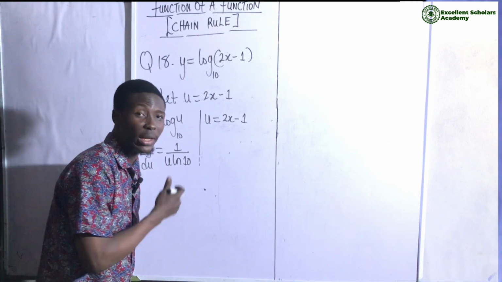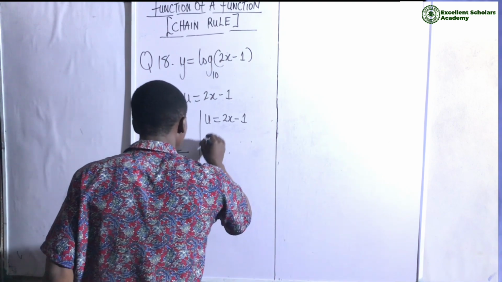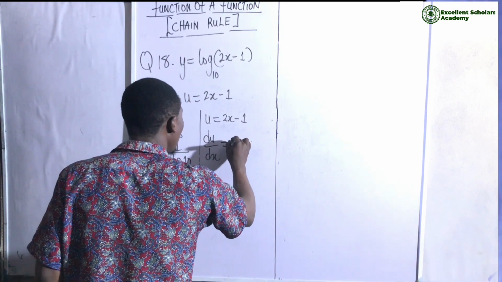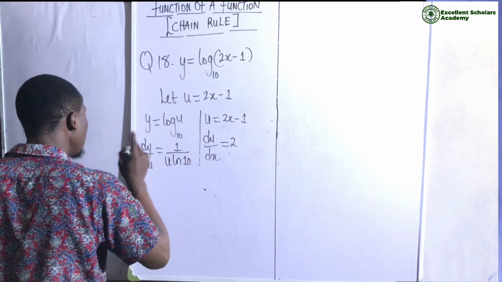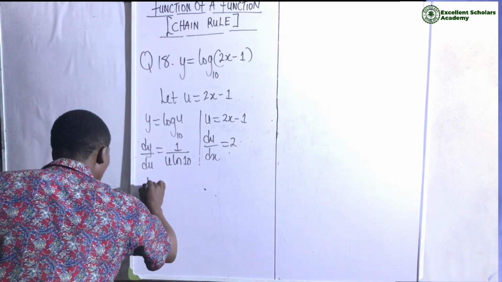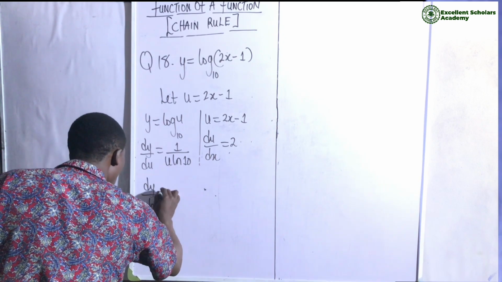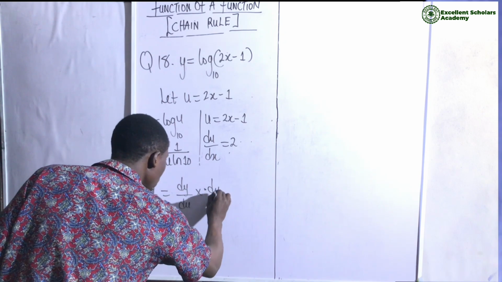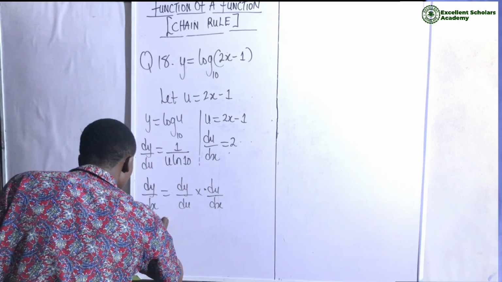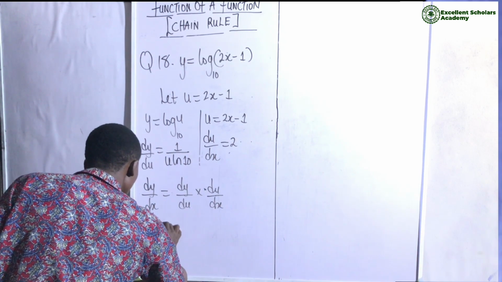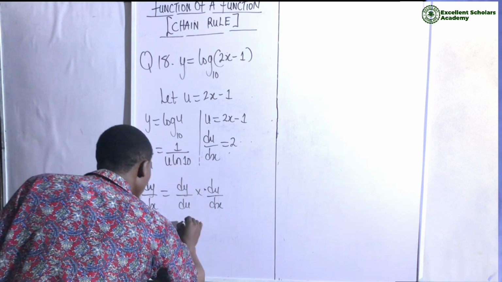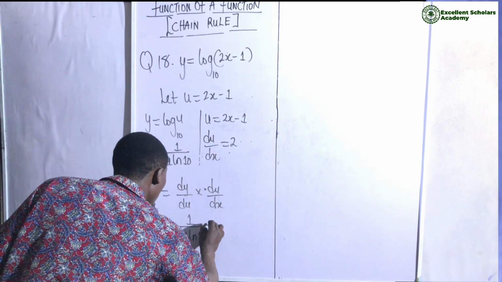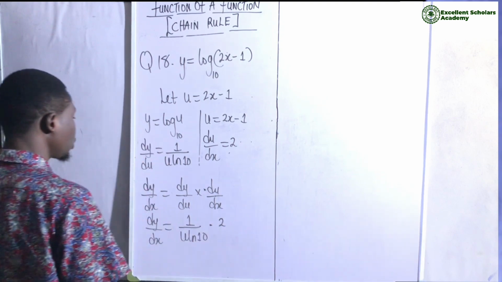1 over u ln 10. Okay, so now differentiate this part, that will be du/dx. Differentiate 2x, you have 2, differentiate 1, it's gone. Now finally our dy/dx will be equal to dy/du times du/dx. So dy/dx is going to be equal to 1 over u ln 10 multiplied by 2.